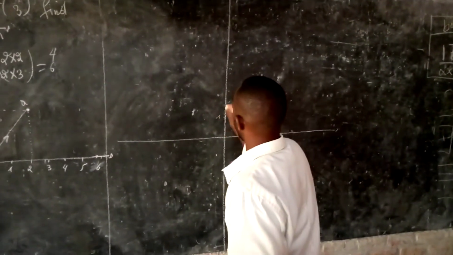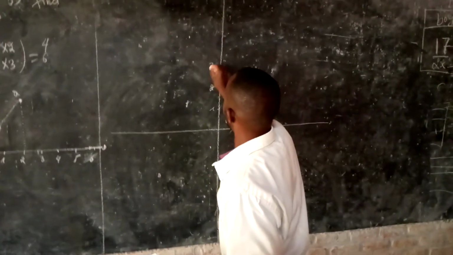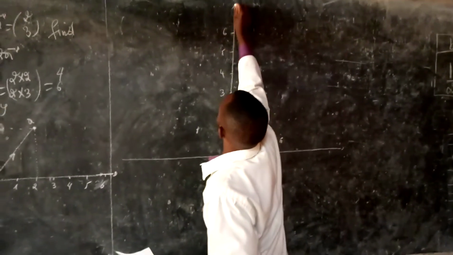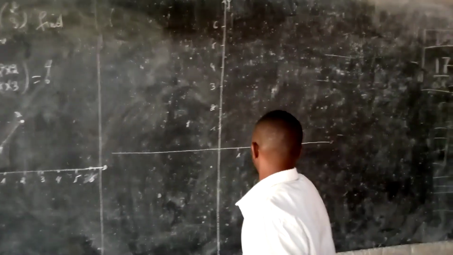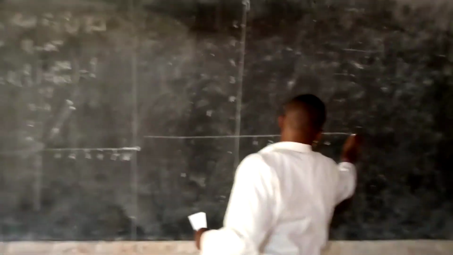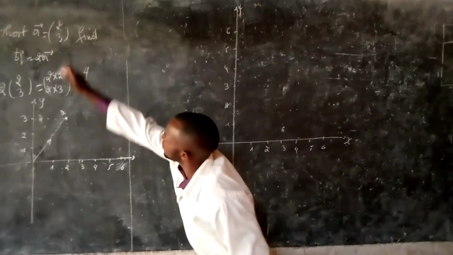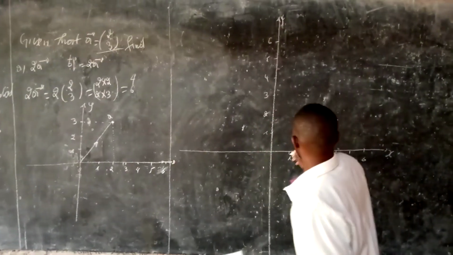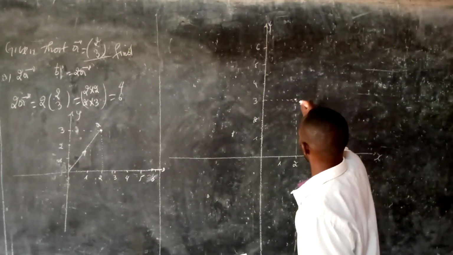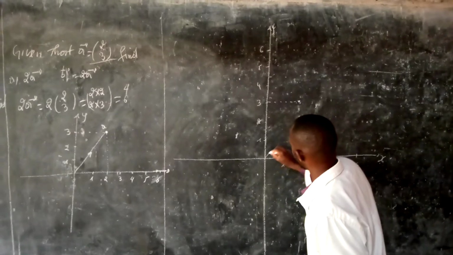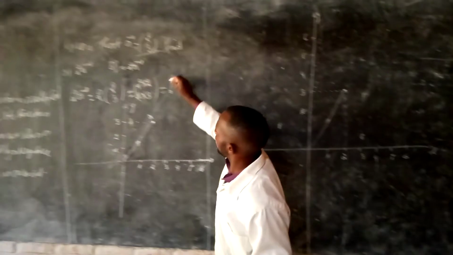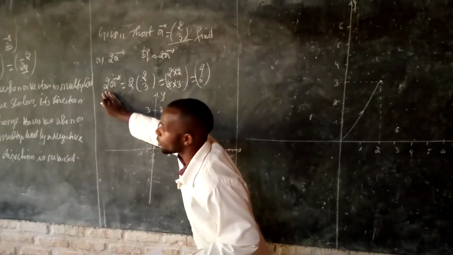Here we have 1, 2, 3, 4, 5, 6 on the y-axis, and 1, 2, 3, 4, 5, 6 on the x-axis. Let us start from point A, vector A, which is 3 here. This is vector A from the origin. Now let us draw the result of 2 times A.